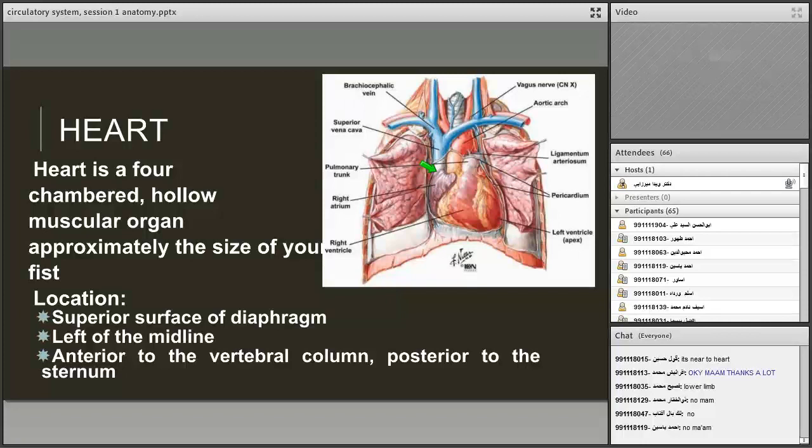Okay, now let's talk about the heart. The heart is a four-chambered, hollow muscular organ which is approximately the size of your fist. If you close your hand and take a look at your fist, your heart is approximately that size.